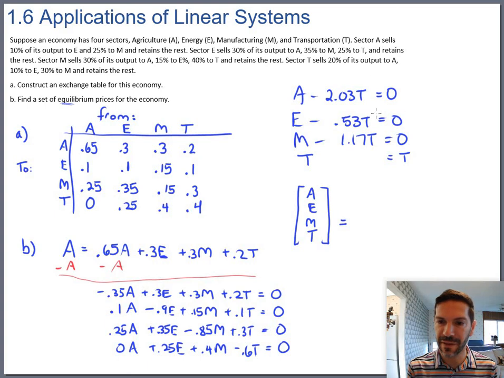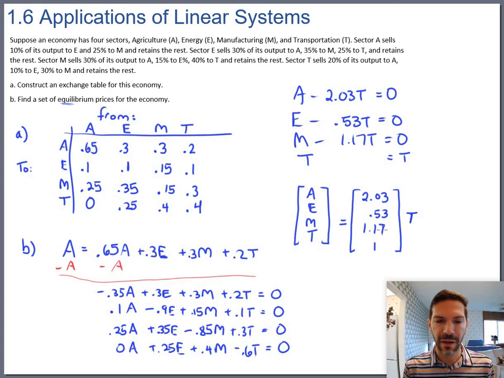If I move these three T's over to the other side and factor a T out of the vector, I get 2.03, 0.53, 1.17, and 1 times T.